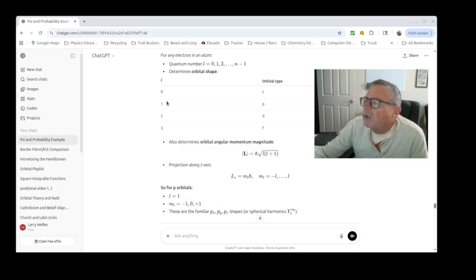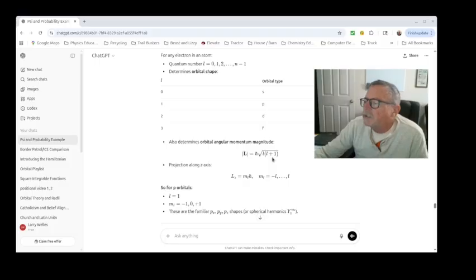Now, when we go to L equals 1, what's the magnitude? It is h bar times the square root of 1 times 1 plus 1, which is the square root of 2. So h bar square root of 2 is the orbital angular momentum magnitude.